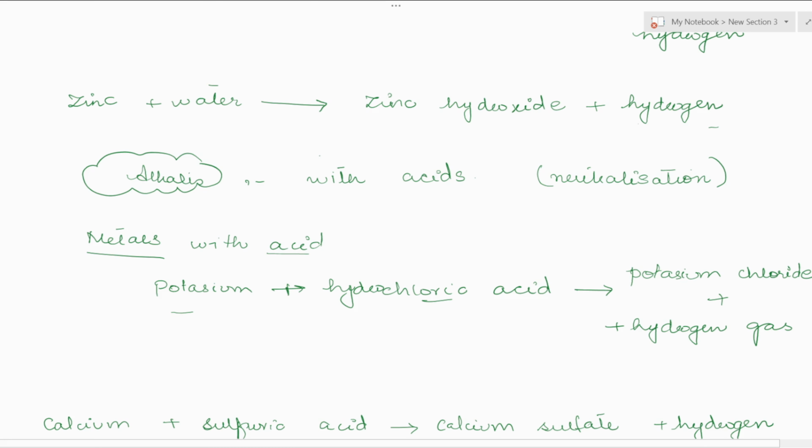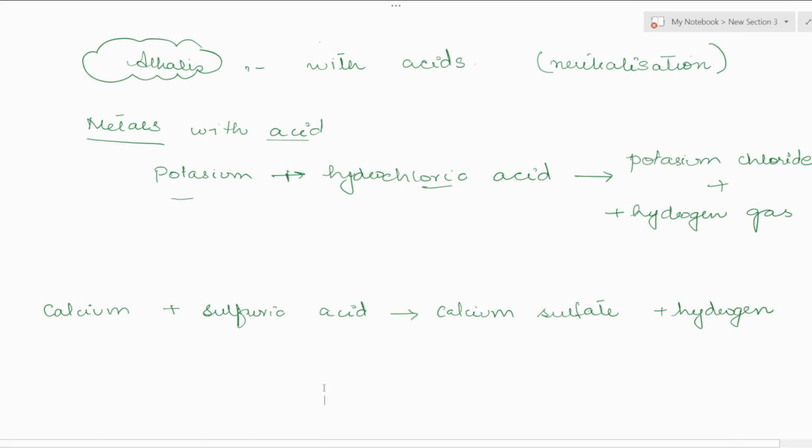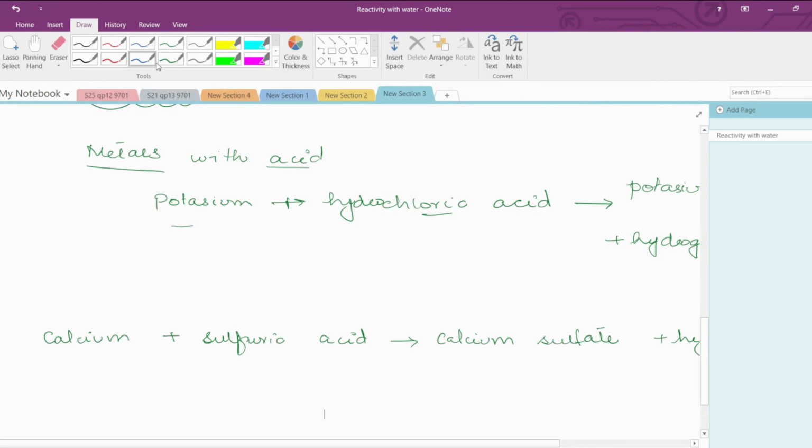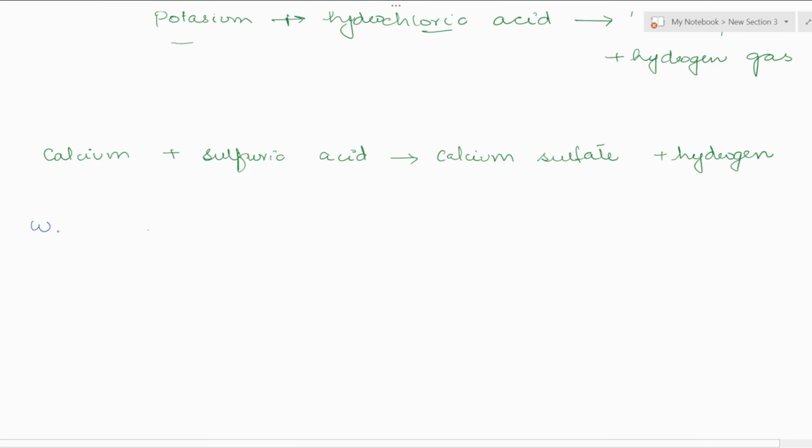Before starting the other processes, let's learn how to write a chemical formula. Let me write it with blue. Writing chemical formula, and then we learn how to write chemical equation.